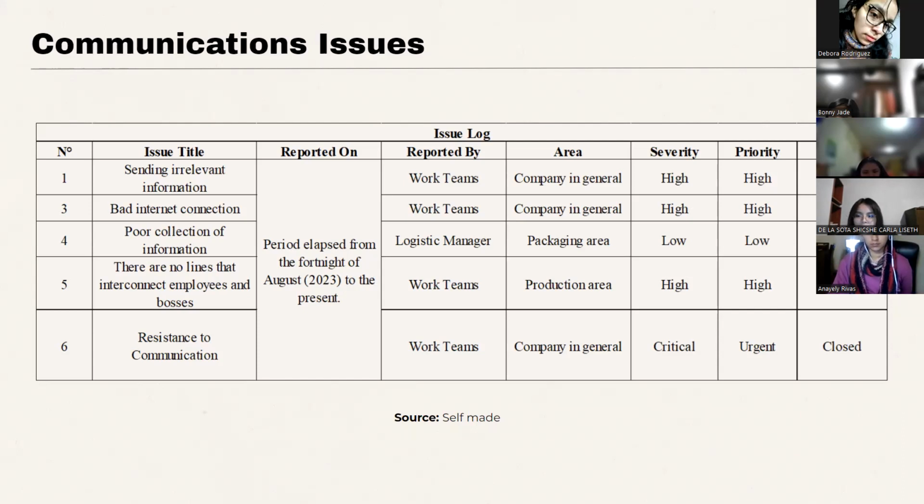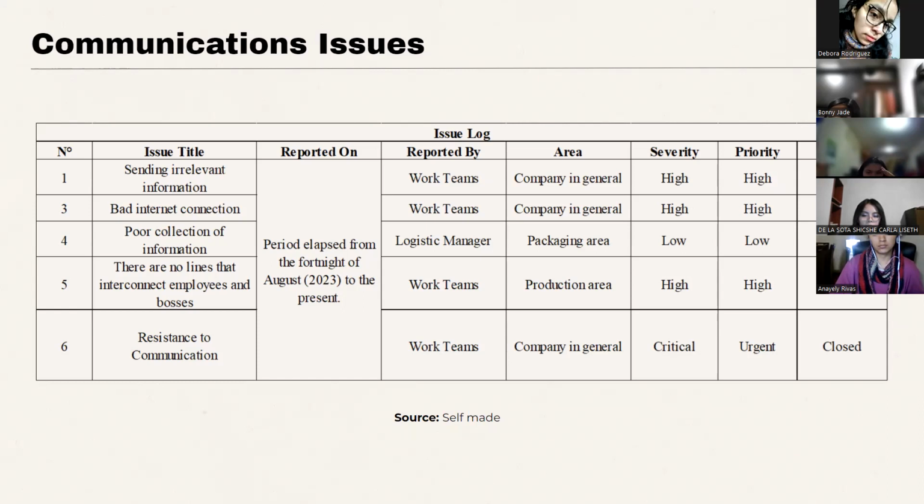For example, we have the issue of sending irrelevant information. We also have the bad internet connection, the poor collection of information. Also, we have that there are no lines that interconnect employees and bosses in the company. And also we have the resistance to communication.